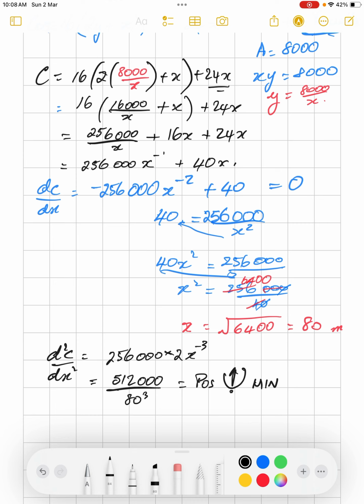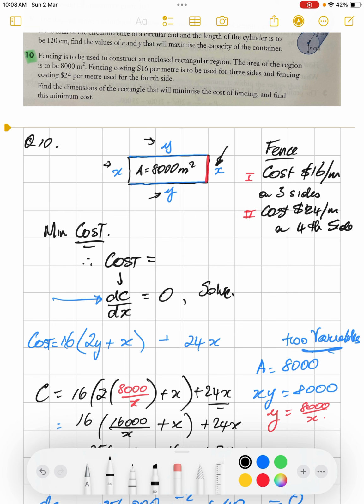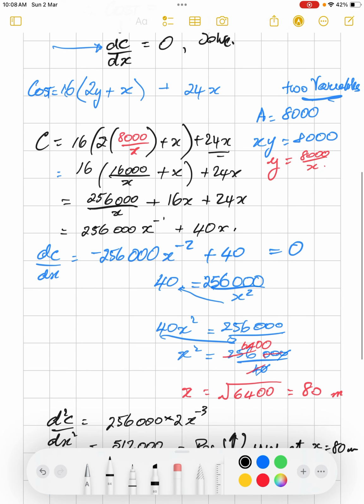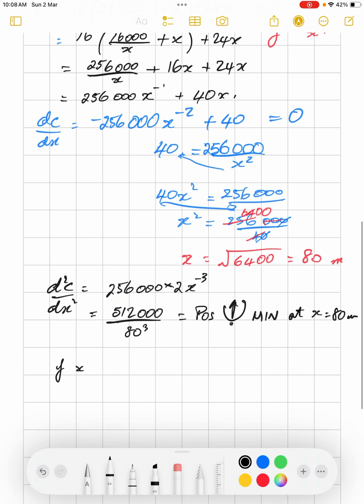What does the question ask? Find the dimensions that will minimize the cost and find the cost. So we want x and y. If x is 80 meters, then y is 8,000 over 80, which is 100 meters.